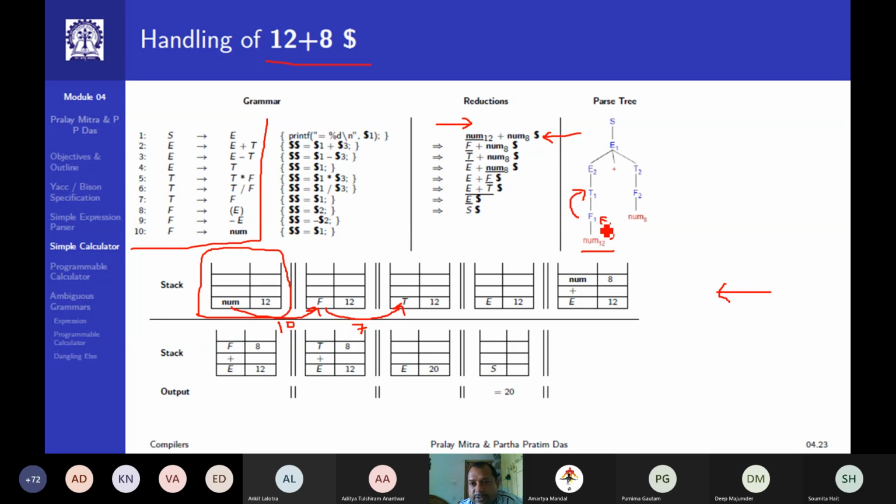To differentiate between these two, the convention we are using is giving some subscript 1, 2, 3 like that. You can consider that it says about the different states. Okay. Now after this T, then T will be reduced to E following production rule 4.